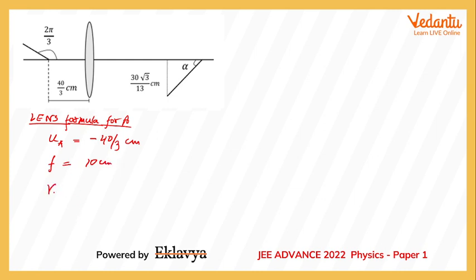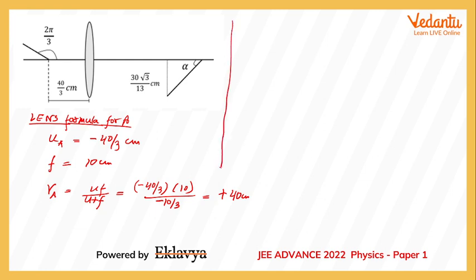So V will be obtained by UF upon U plus F, which is what we get after rearranging the lens formula. Substituting the values, minus 40 by 3 into 10 divided by the sum of these two, which turns out to be minus 10 by 3. After solving, we will get plus 40. This is what we will get for VA.